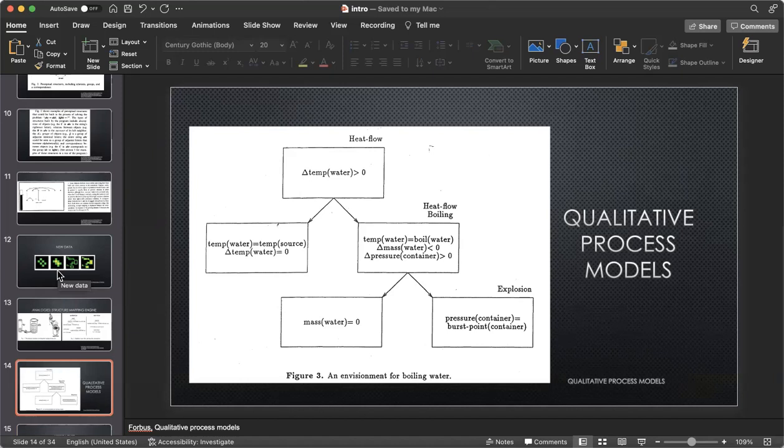And if the temperature of water is equal to the boiling point of water, then it will boil. And if certain other conditions are met, that container might explode. So it's really building these kinds of qualitative models. And then once you have a qualitative understanding of systems, then you can compare different physical systems with each other.